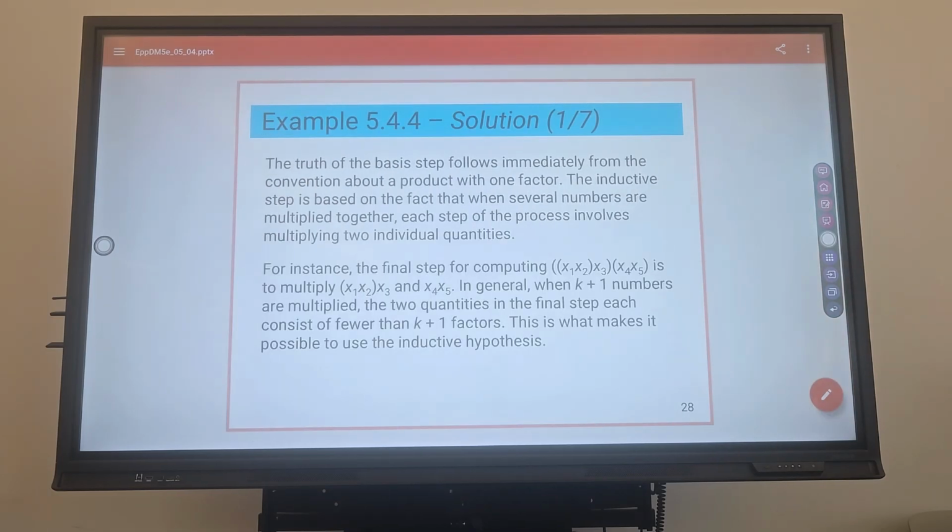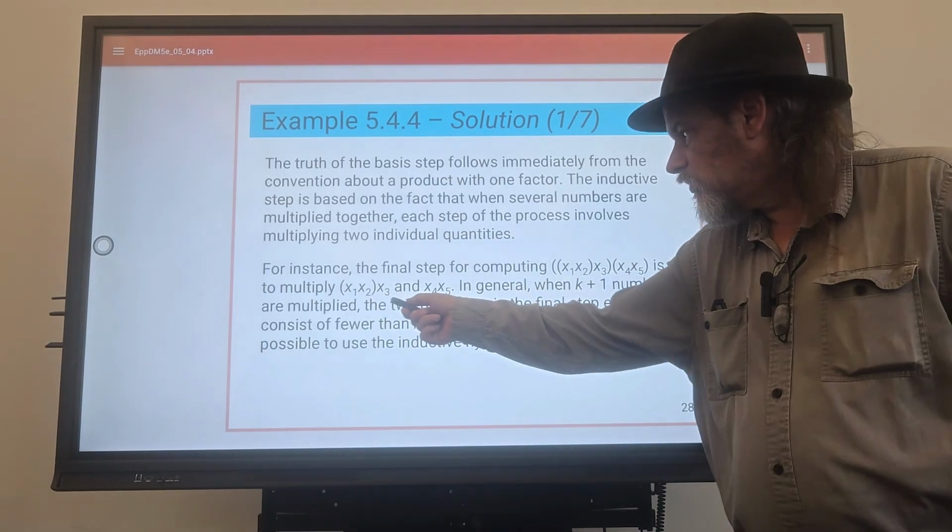The truth of the basis step follows immediately from the convention about a product with one factor. The inductive step is based on the fact that when several numbers are multiplied together, each step of the process involves multiplying two individual quantities. For instance, the final step for computing this here is to multiply these two quantities.